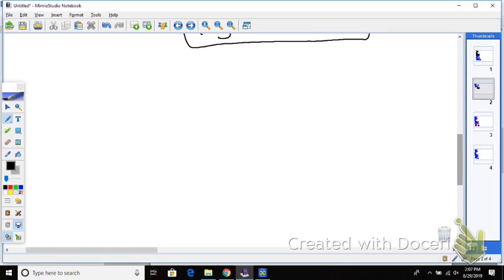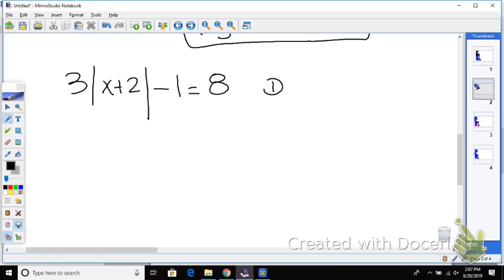So now, let's say I have 3 times the absolute value of x plus 2, minus 1 is equal to 8. So step 1 of this is to get the absolute value part by itself.